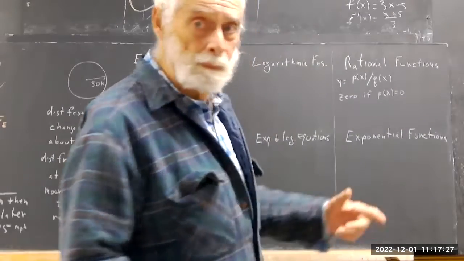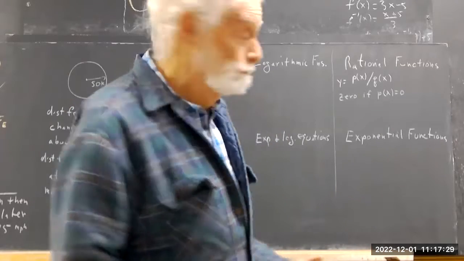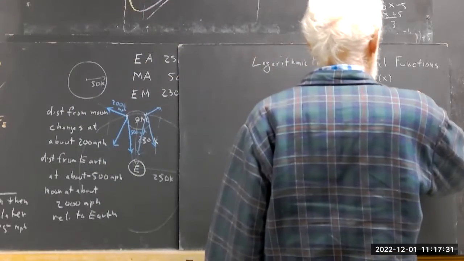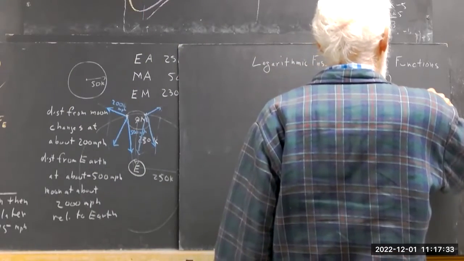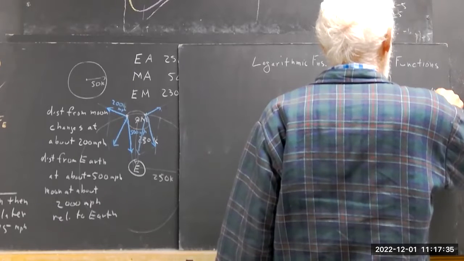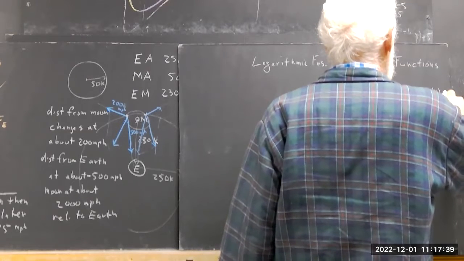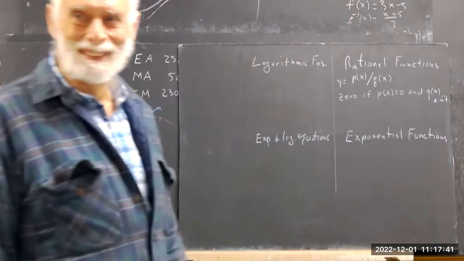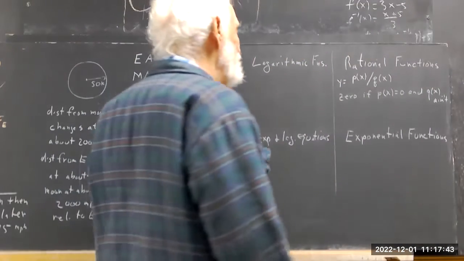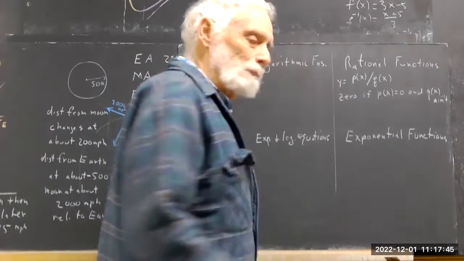It's zero if p of x is zero, and q of x ain't. Okay. This is a fundamental thing you got to know.